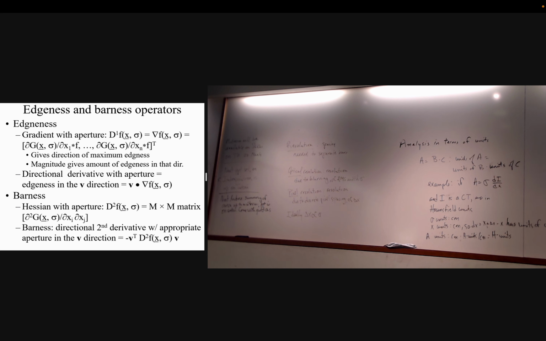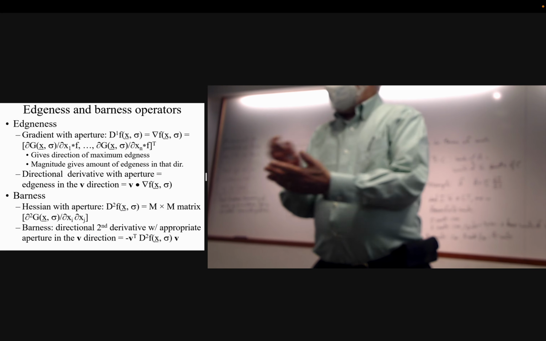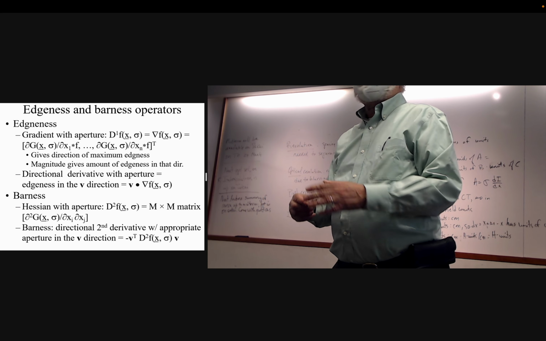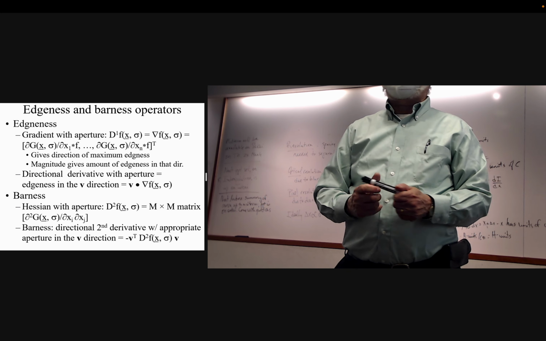We've said there is a Gaussian applied to the image when you want to take a derivative. And because of the way the operators commute, you can take the appropriate derivative of the Gaussian and then apply that to the image, if you want to think of it that way.